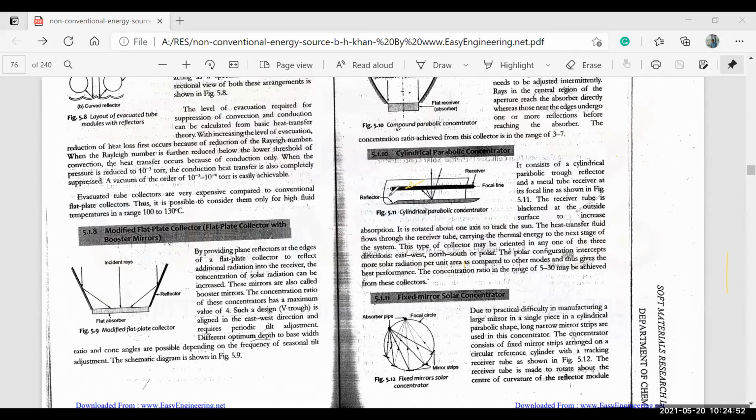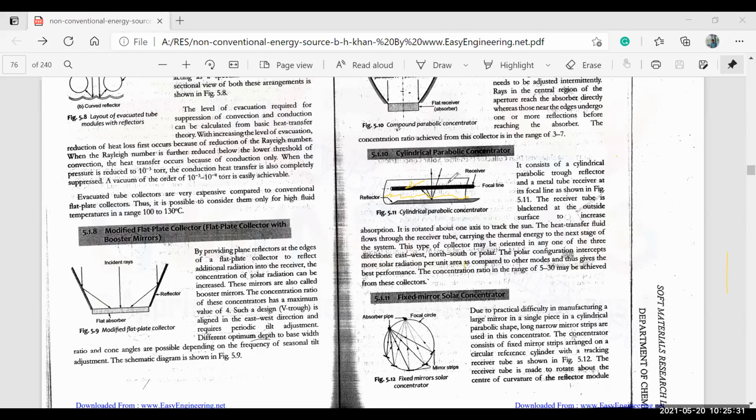See over here it is written, this type of collector may be oriented in any of the three directions: east-west, north-south, or polar. The polar configuration intercepts more radiation per unit area as compared to the other modes and thus gives the best performance. The concentration ratio ranges from 5 to 30 and may be achieved from these collectors.